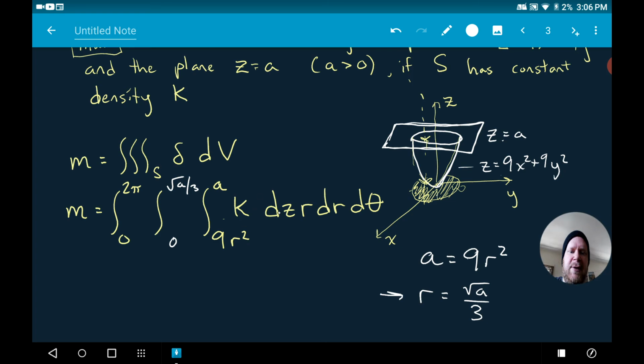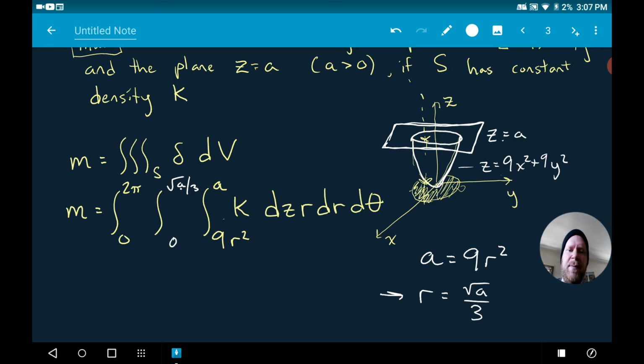Hopefully now that you've got this set up, as long as you remember that this r is here when you're integrating, you should end up with something that looks nice, because you'll have an r from this, an r squared from this. You'll be integrating that, and that'll give you some nice r to the fourth and r squared terms.